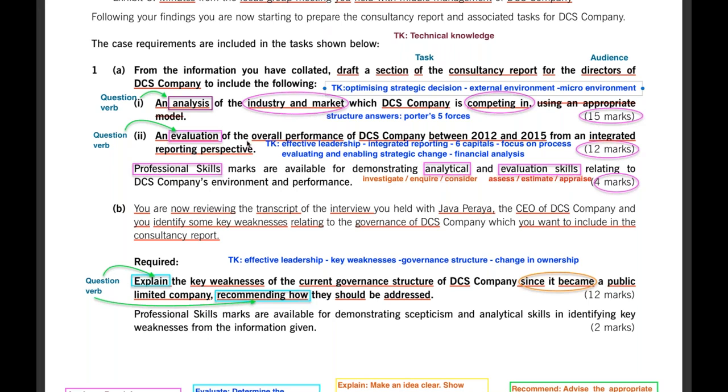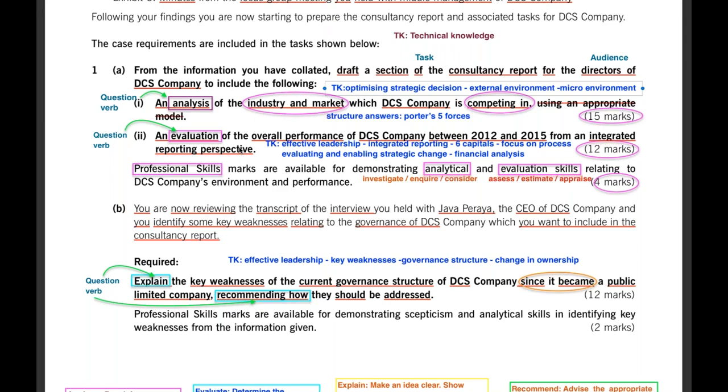And for the second part, where you have evaluation skills, you're supposed to be demonstrating your ability to assess, estimate, and appraise. So by doing your evaluation, you'll be assessing the information and trying to make your estimates.